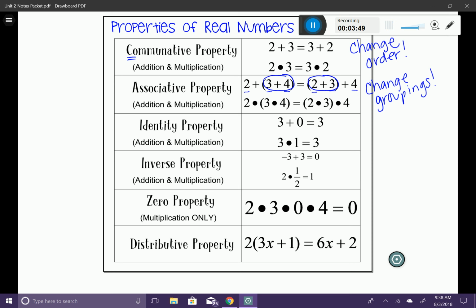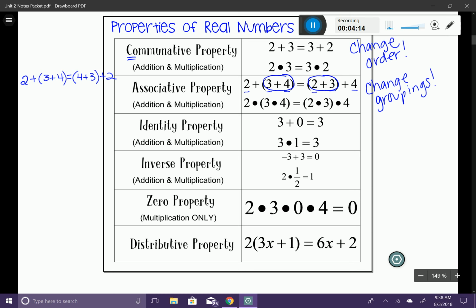And sometimes the commutative and associative properties look a lot alike. So you really have to think about what property it is. Let me give you an example. So what if I had an example that looks like this? 2 plus (3 plus 4), and I'm going to set that equal to (4 plus 3) plus 2.